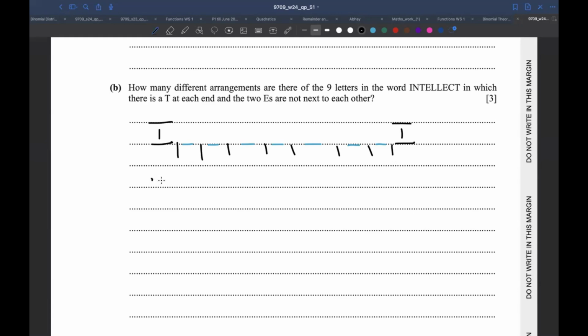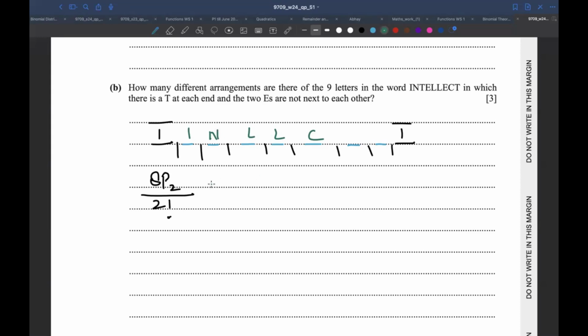For the E's, the total number of possible placements will be 8P2, but we'll divide this by 2 factorial as the E's are repeating, right? And then the remaining letters will arrange independently. What are the remaining letters? I, N, L, L, C. There'll be 5 letters remaining. Will their arrangement be 5 factorial?